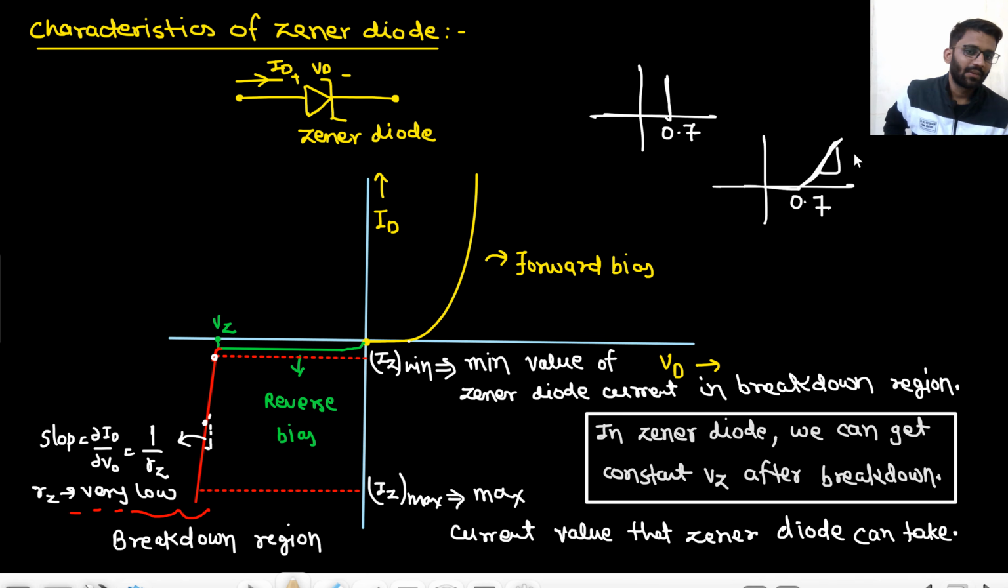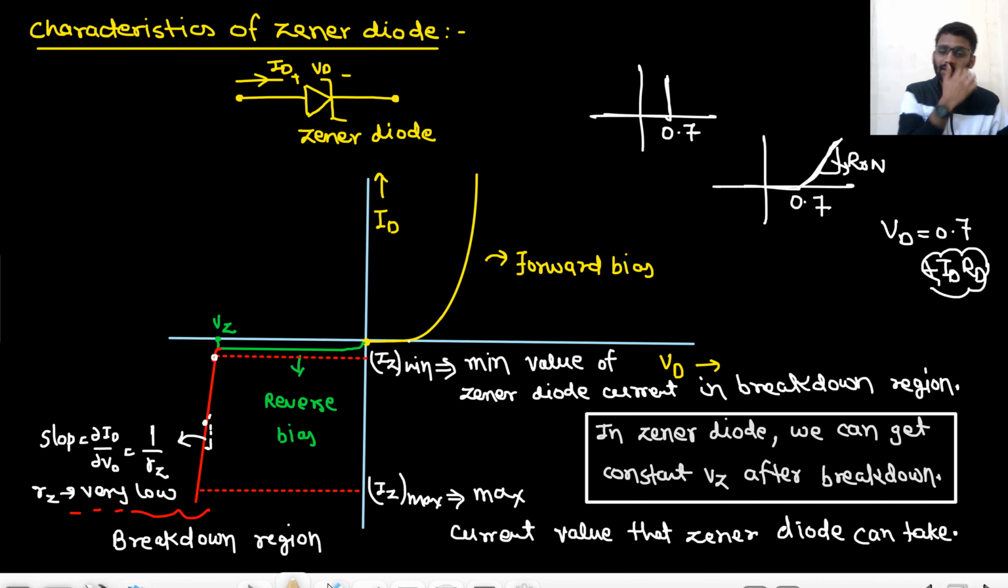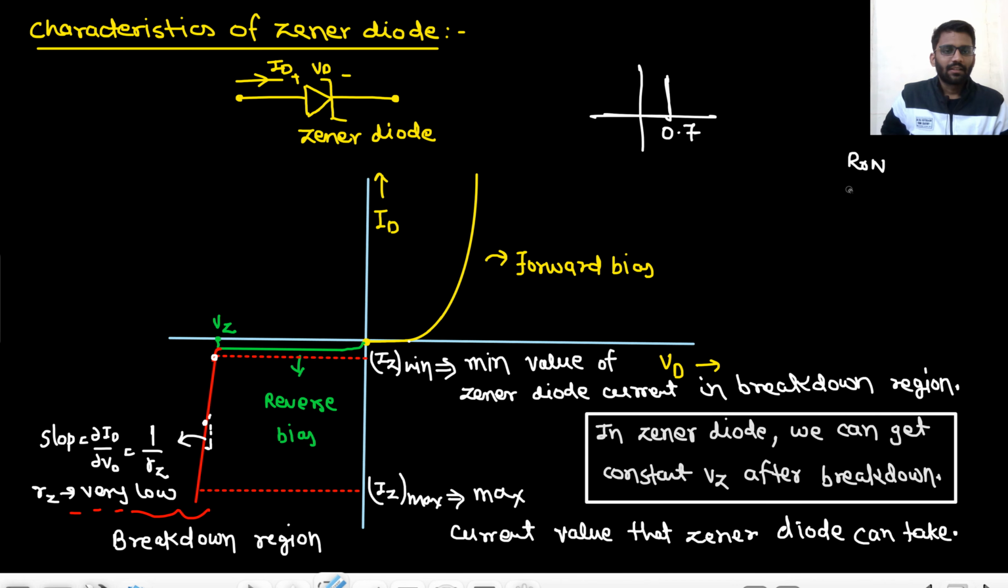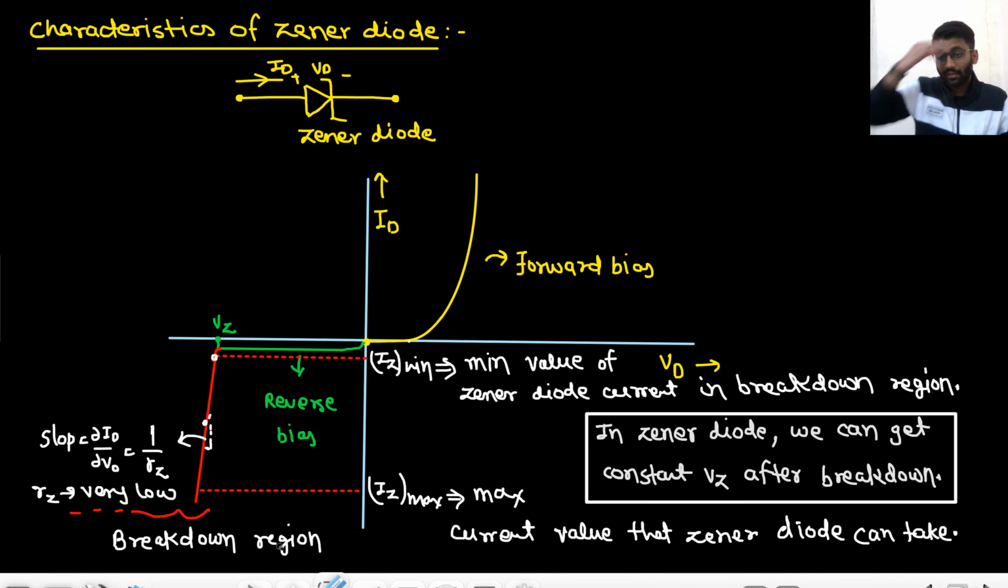There was this R on resistance as well, which was also dropping some voltage. So because of this drop, your Vd was greater than 0.7. It was V gamma plus ID RD, depending on ID and RD, right? So a similar case is there in the Zener diode.